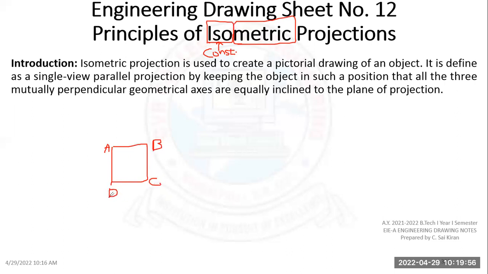But you don't know whether it is a 2D object or a 3D object, whether it is a cube, a square, or a rectangle. You don't know these things. It could be a square prism, or a square pyramid, or a cube. You don't know these things when you're looking only at the front view.